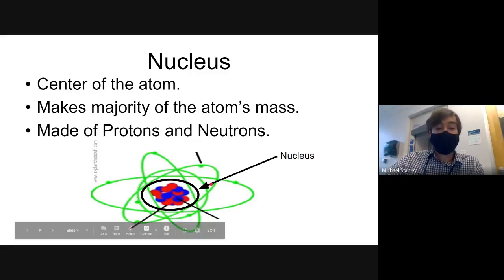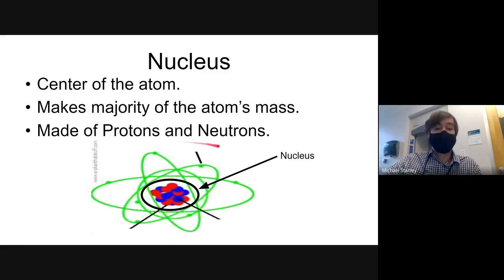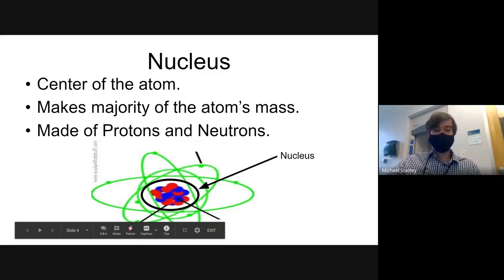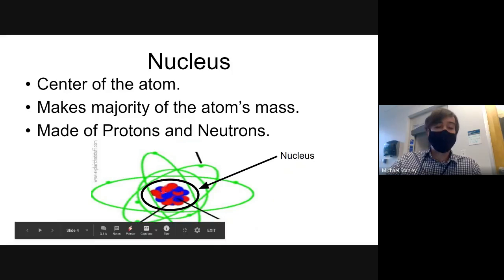So let's start off by talking about the nucleus of the atom. The inside part where the protons and the neutrons are is called the nucleus. The nucleus is a ball of all these little particles clumped really closely together in the middle of the atom.